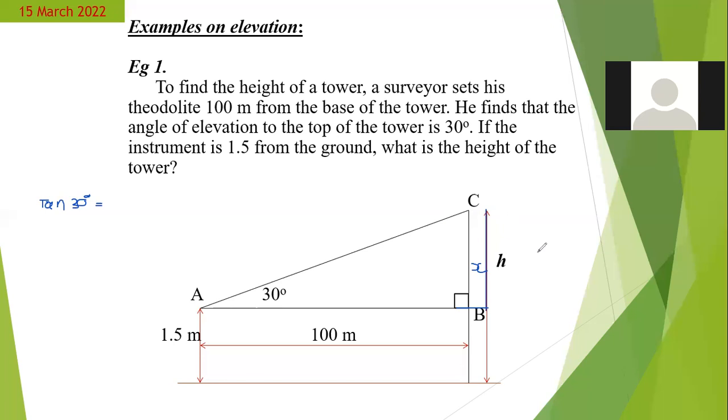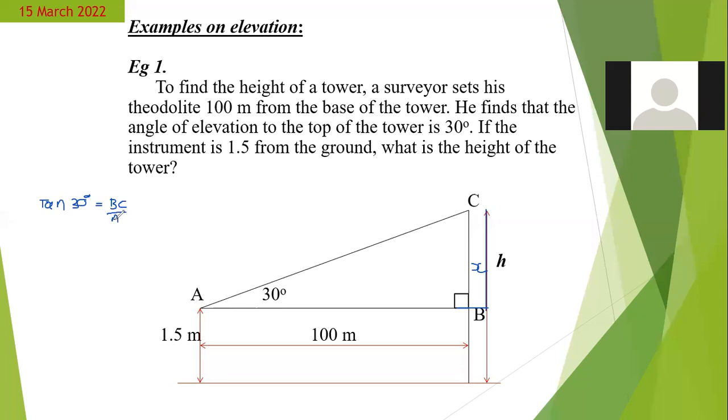Okay, sir. All right, so BC over AB. So we have BC over AB.